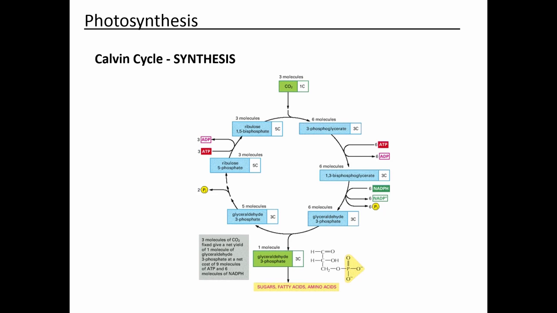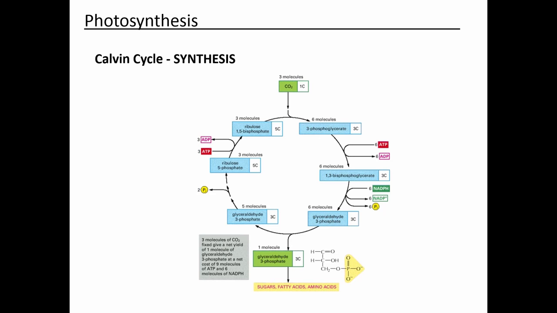So at the end of this stage, you have the 6 molecules of glyceraldehyde 3-phosphate. One of those molecules can be used to make organic molecules for the cell, so 1 can leave the cycle. The other 5 continue on in the cycle and are used to regenerate 3 molecules of ribulose bisphosphate, and then that stage also requires ATP that you made during the light reactions.